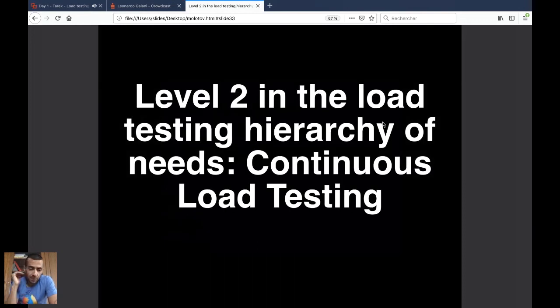So once you have all these tests, the level 2 into the heaven of load testing, when you do some load testing for services, is to plug it into your continuous system, and that's what I call continuous load testing.